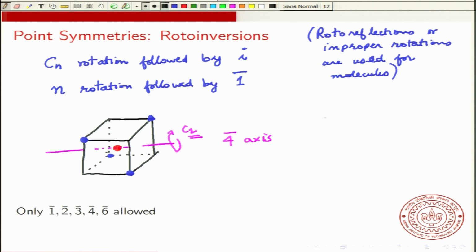So, let me draw the cube. I will draw it a little small. So, we start with this, this, this and this, and this should be in the rear corner.